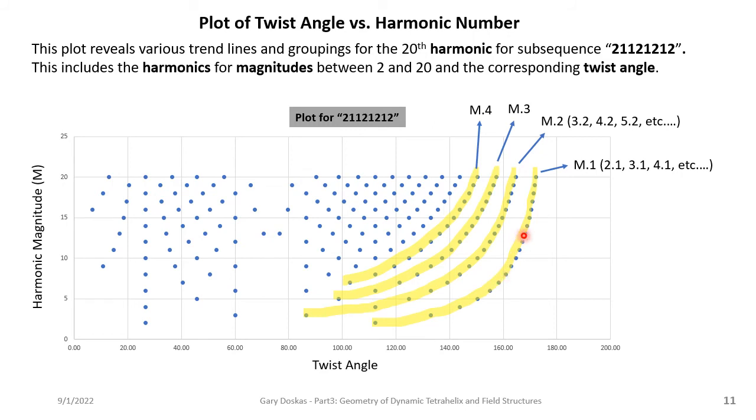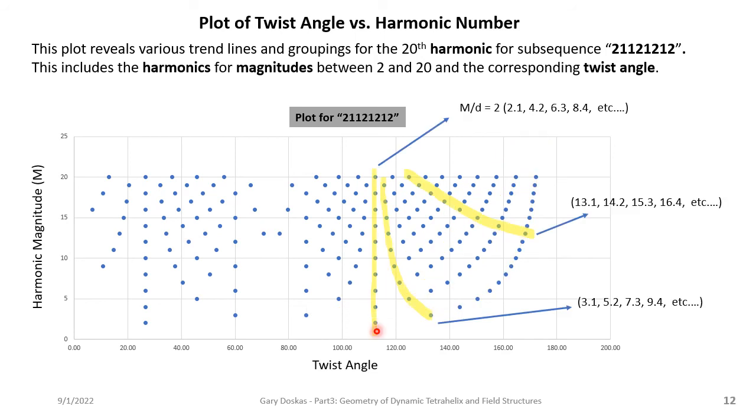This first trend line groups the main harmonics created in the first lap that have a depth of 1, indicated by m.1, for example, 2.1, 3.1, 4.1, etc. The second trend line groups the fractional harmonics that have a depth of 2, indicated by m.2, as an example, 3.2, 4.2, 5.2, etc. Trend lines for m.3 and m.4 have also been highlighted.